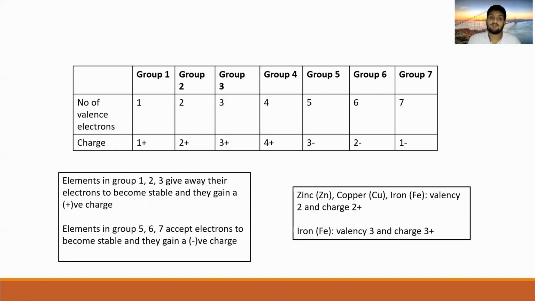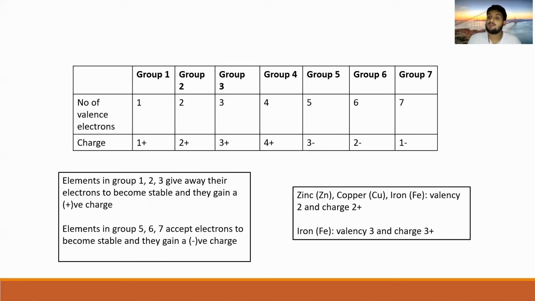So metals always give away their electrons to become stable, and they obtain a positive charge. Elements found in groups 1, 2, 3 give out their valence electrons to other elements and achieve a positive charge.